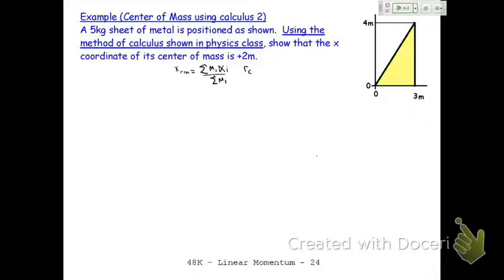And my r centre of mass is equal to the sum of m_i r_i over the M total. And that then gives me that my x centre of mass is equal to 1 over M times the integral of x dm. Is it x dm? Yeah, I'm doing it the right way around. That's the thing I worry about with this.